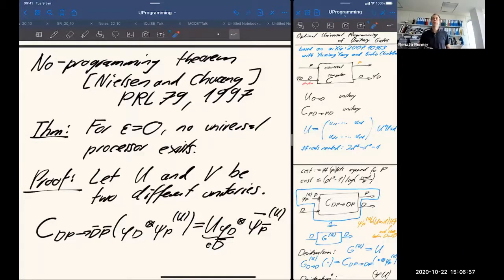Now there is a little statement, which is very easy to see from quantum information, that says that if I have an arbitrary bipartite state, but I know that on one subsystem I already have a pure state, which is the case here, since I assume that for this proof I just act on input data that is in a pure state, then U of phi d is again a pure state.